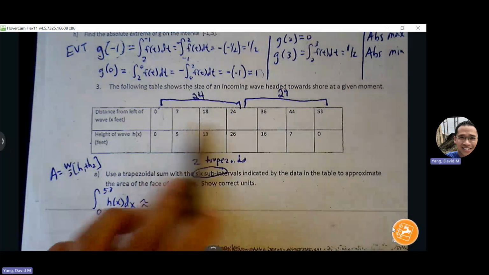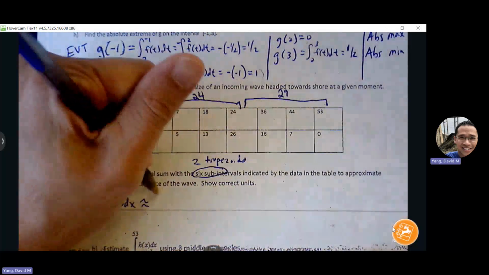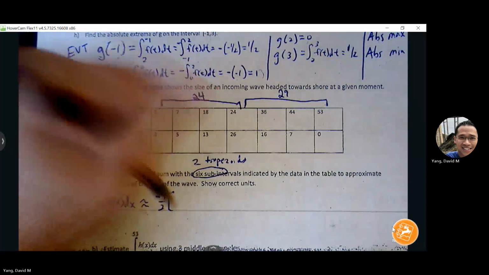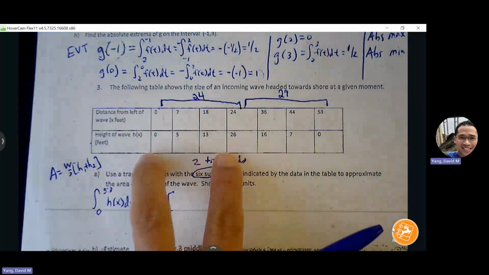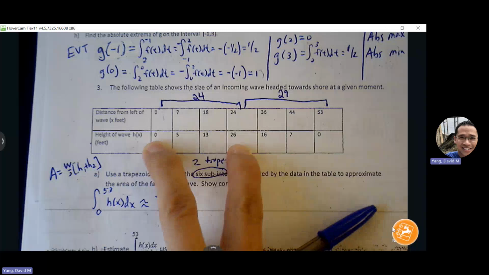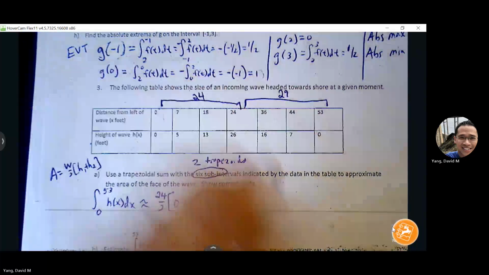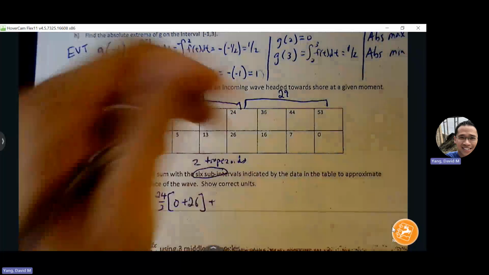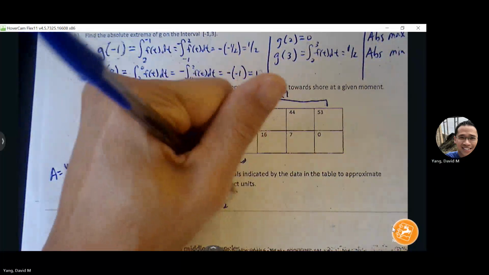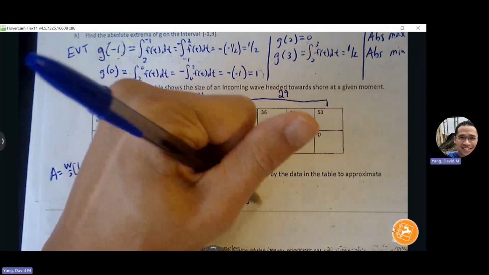So width over 2, so 24 over 2. And we're only picking off 2 heights. We're not going to add up all these heights. We're just going to do 0 and 26. And then width over 2, 29 over 2, times 26 plus 0.